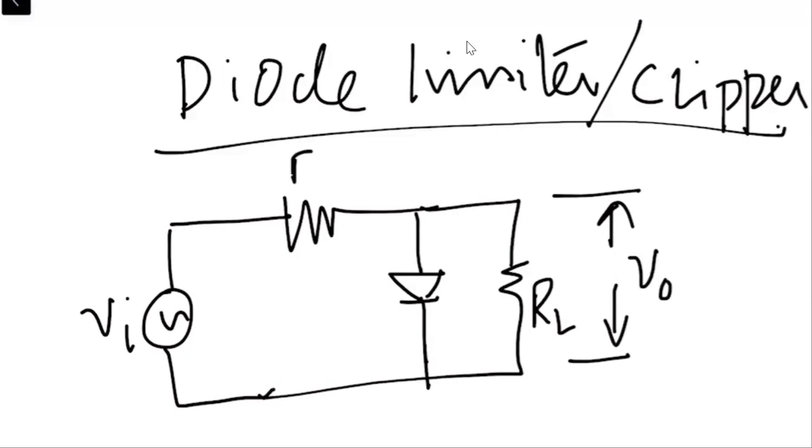And let's suppose this is resistor R1. So what is going to be the output if we consider the diode as an ideal diode? Anyone?